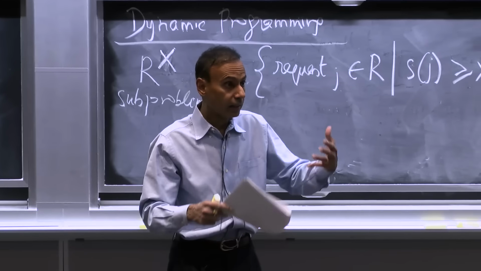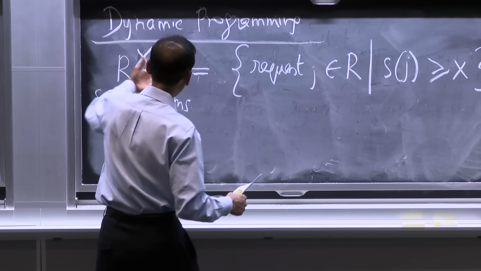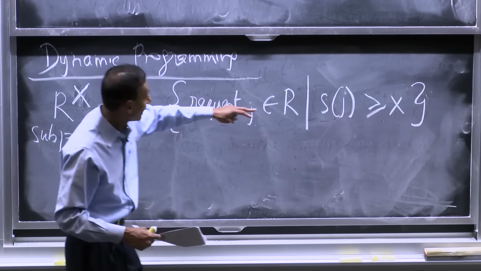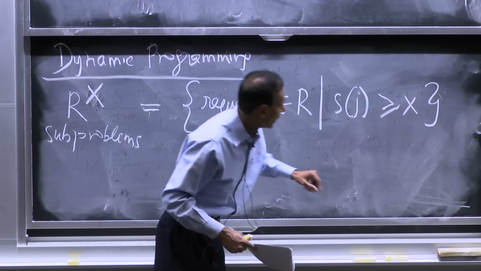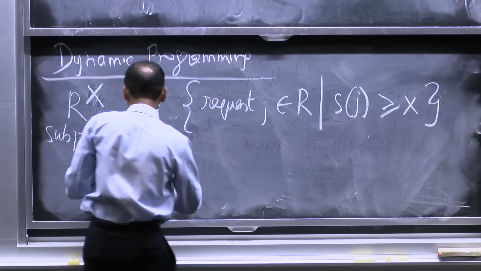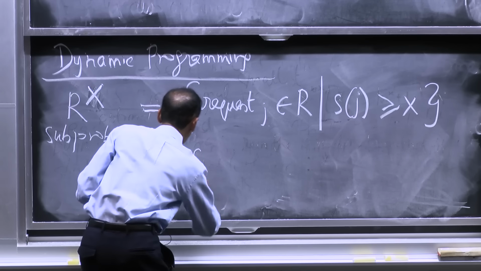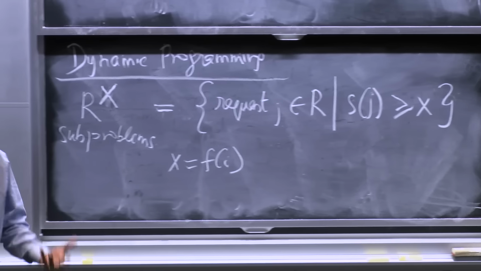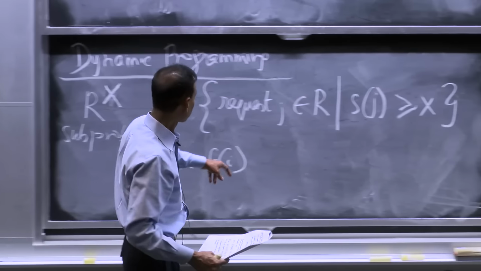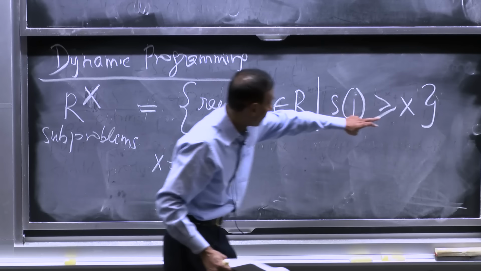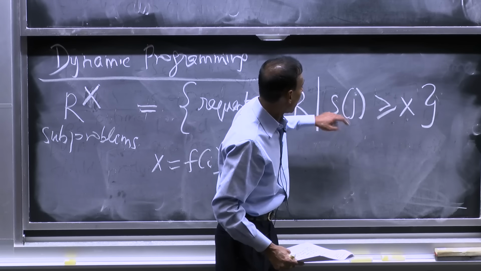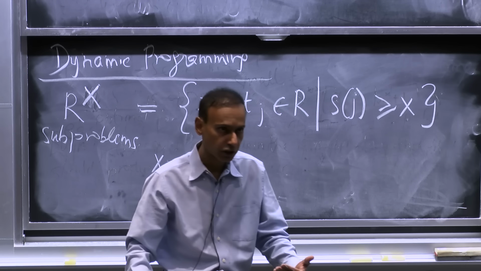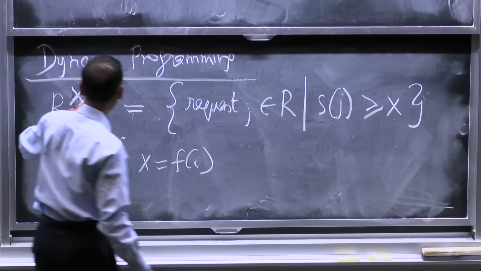Now you can apply the same subsetting property by choosing the x's to be the finishing times of all of the other requests. So x equals f of i. What this means is when I put f of i here, all of the requests that come after the ith request finishes are part of R of f_i.